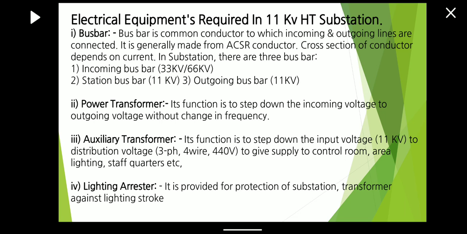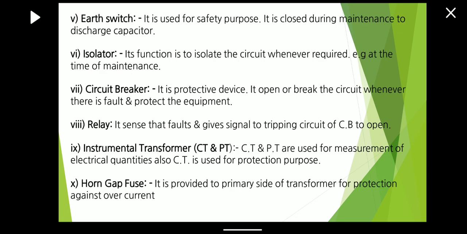Then the next equipment is the lightning arrester. It is very important. It is a protective device for the substation. It provides protection of the substation transformer against lightning strokes. Then the earth switch. It is used for safety purposes.